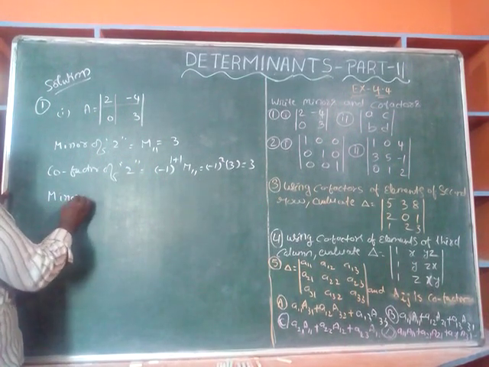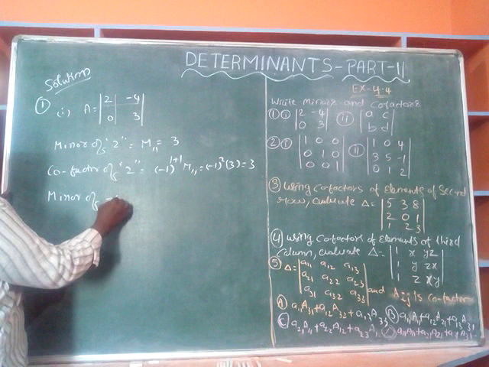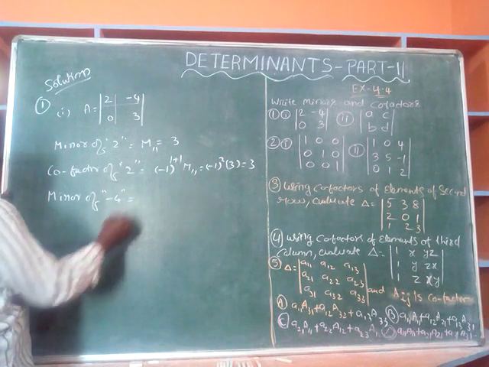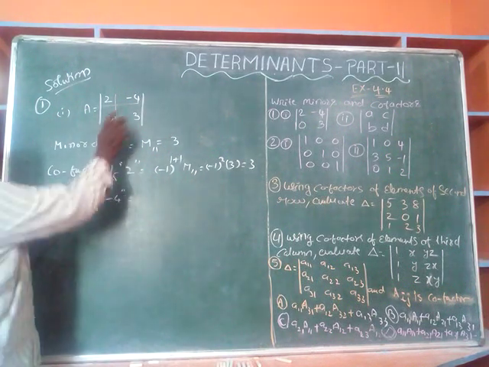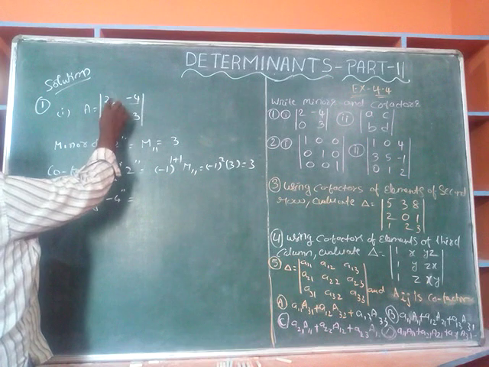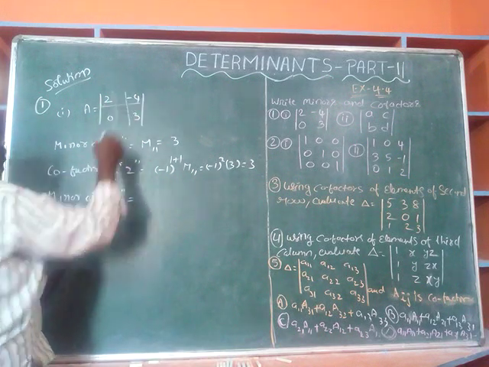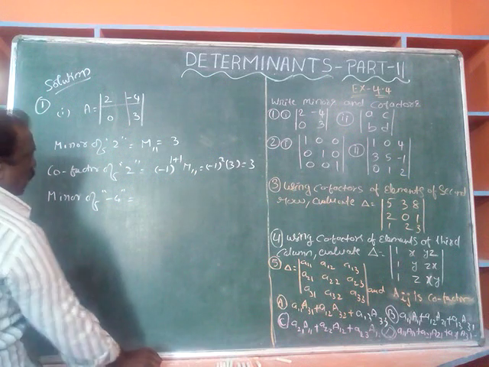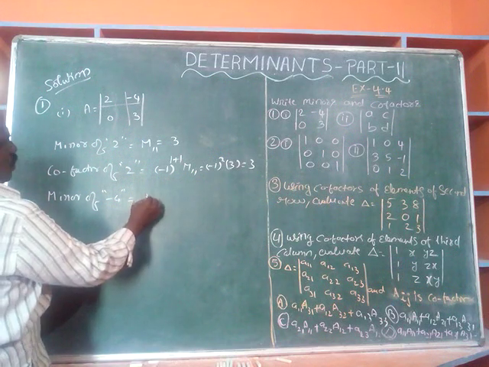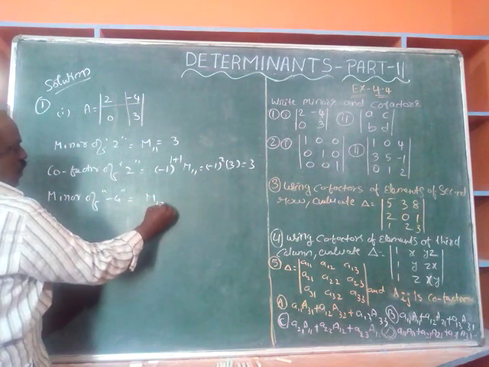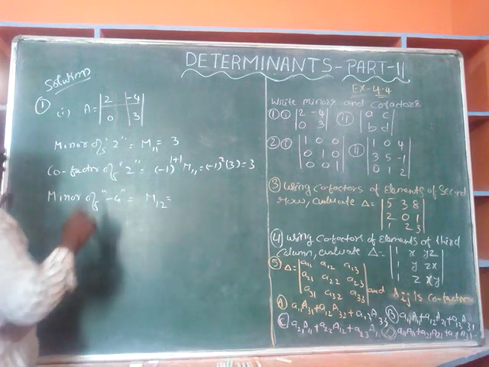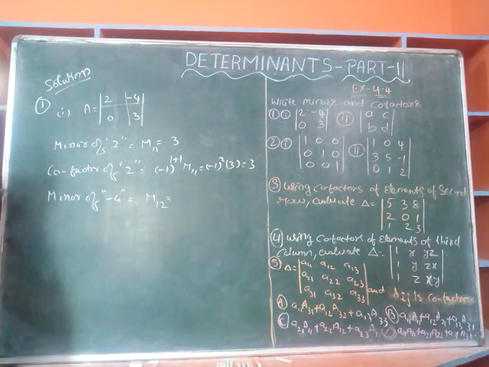Similarly, minor of -4. You delete the row of -4 and its column. It is M12, related with row 1 and column 2.